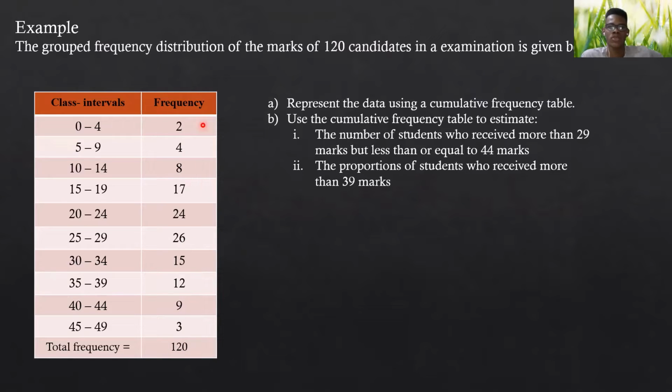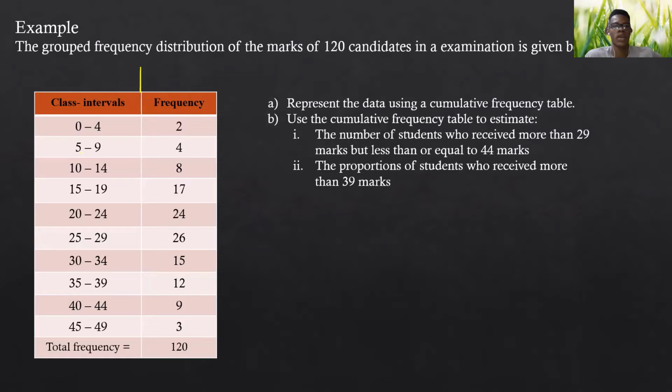This column refers to the number of candidates. I'm showing you how to interpret these tables. Frequency is just a statistical term, and we still have to be able to use layman's terms for these things.